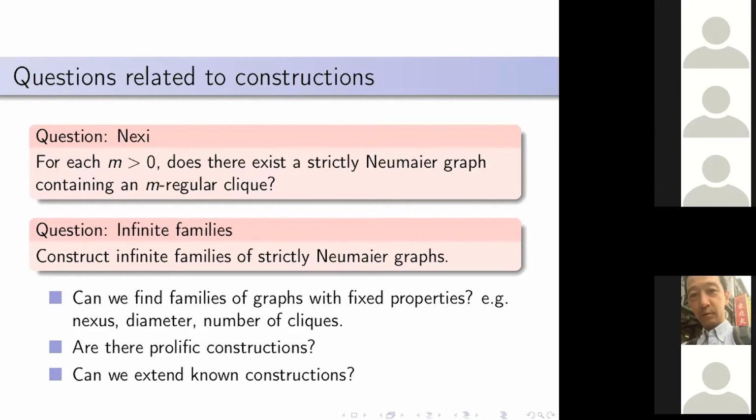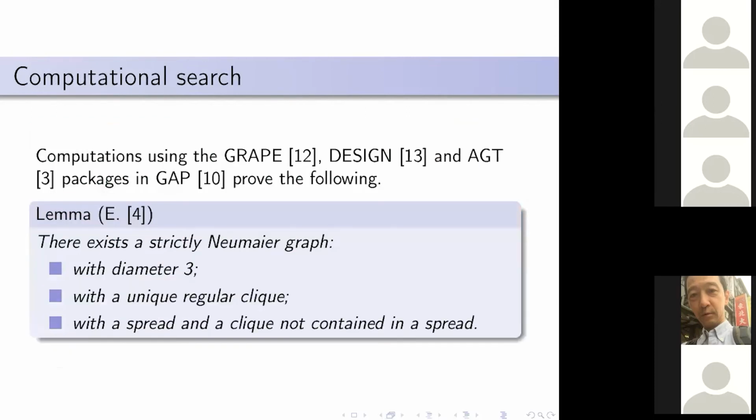Now, this might be the only new part of my talk, which is about the computational aspects of Neumaier graphs. So the graphs initially found by Goryainov and Shalaginov were found computationally, although they were looking for Deza graphs, I think. And in my thesis, I present an approach using the GAP packages, GRAPE and DESIGN, and the algebraic graph theory package I've worked on, to find strictly Neumaier graphs with previously unobserved properties.